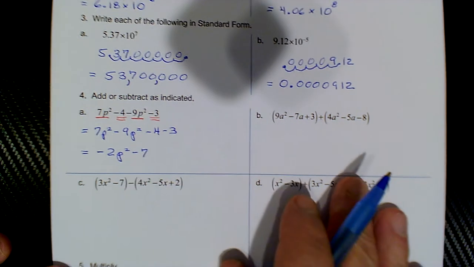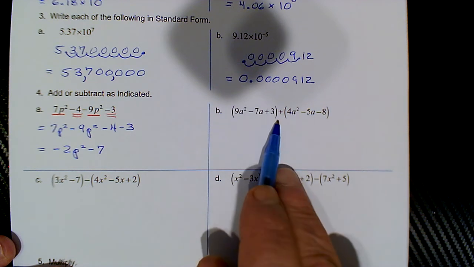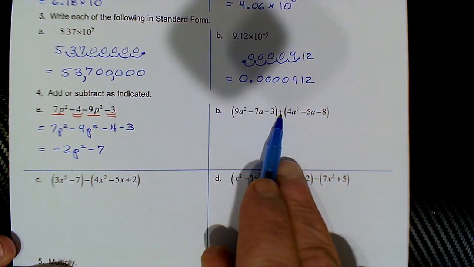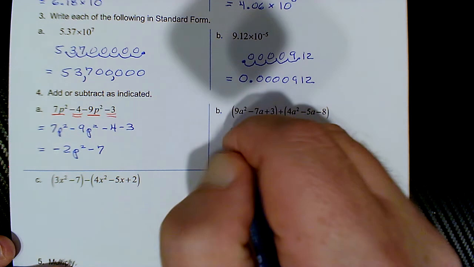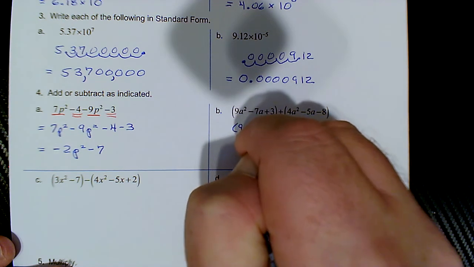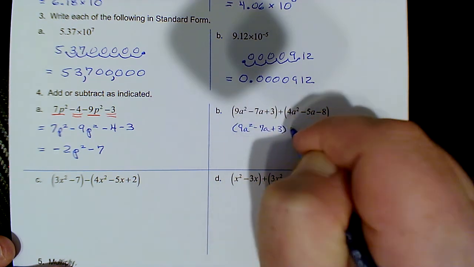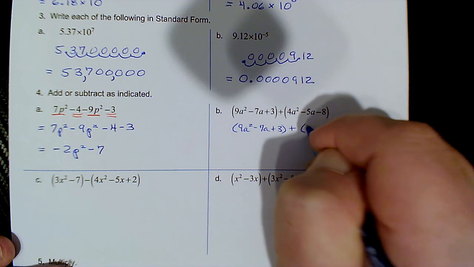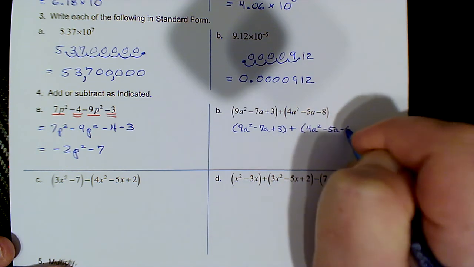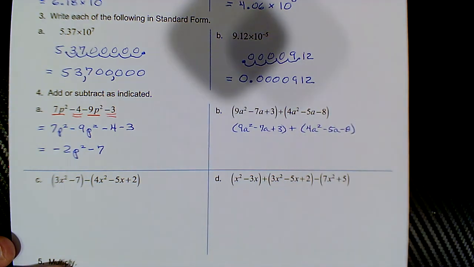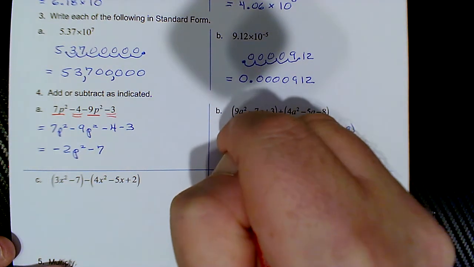Okay, when you have addition of 2 polynomials, because that's basically what we have here, I'm going to rewrite it just so I could show more effectively the concept. And the concept really is rather simple, because what we're going to do is think of what's out in front of the parentheses as ones.